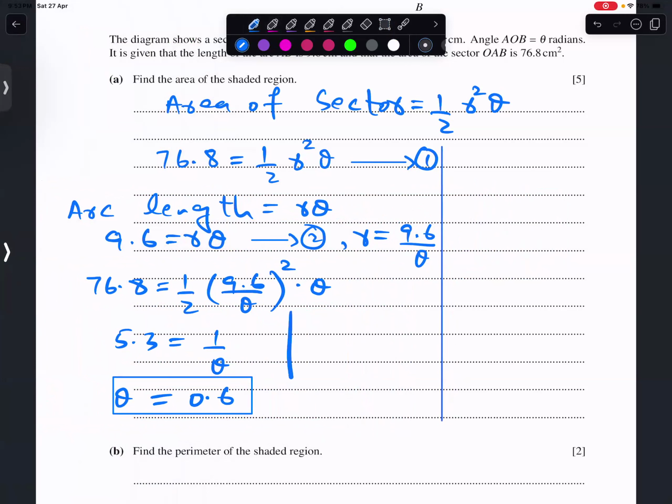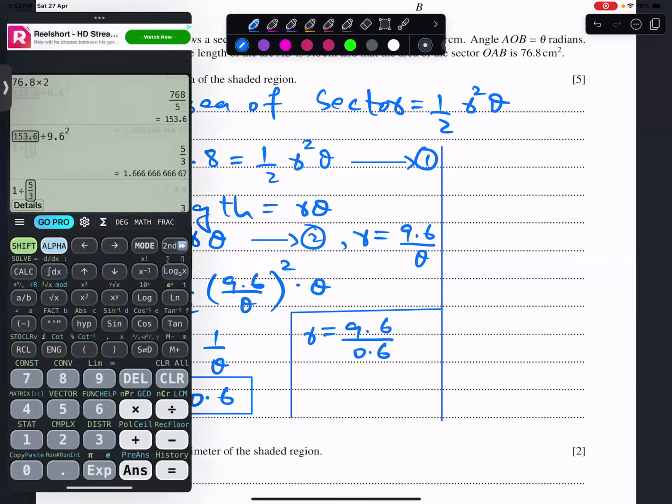Next, we have theta as 0.6 and r will be 9.6 over 0.6, so r will be 16.